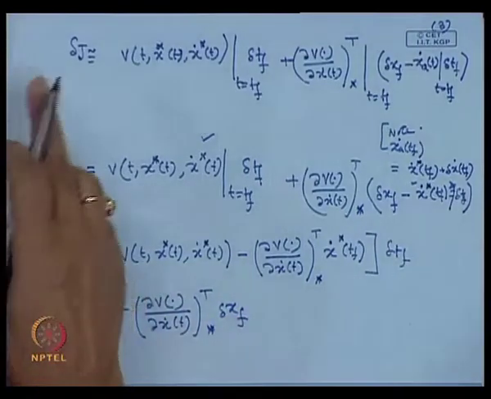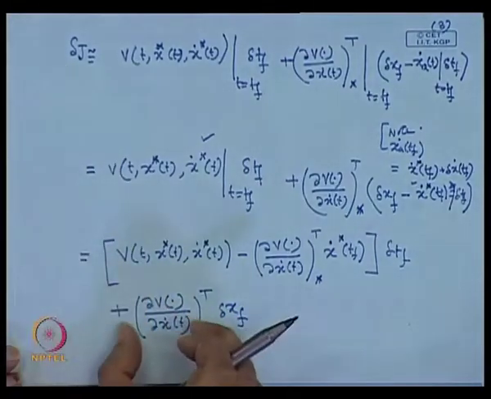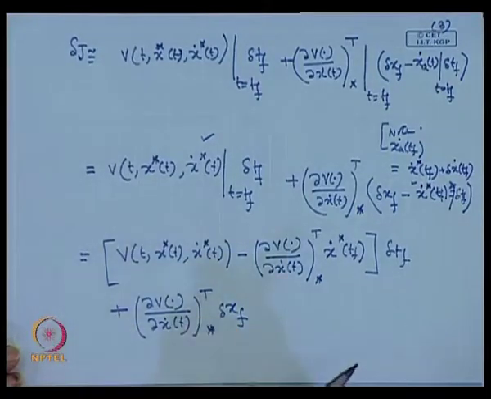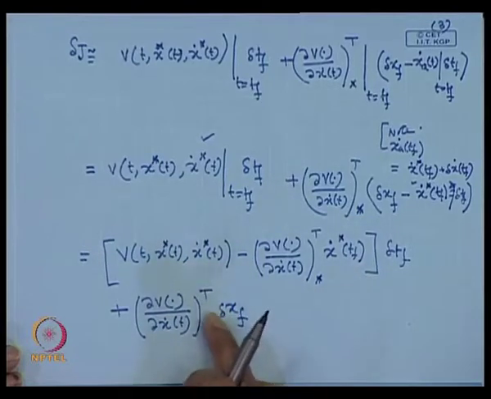So, in order to make delta g 0, this term must be 0. But if the end point of our trajectory, x f, is fixed, but T f is free, then this one will be 0.